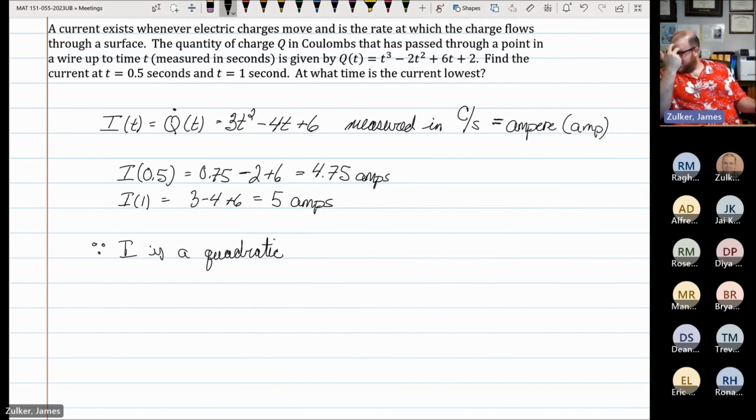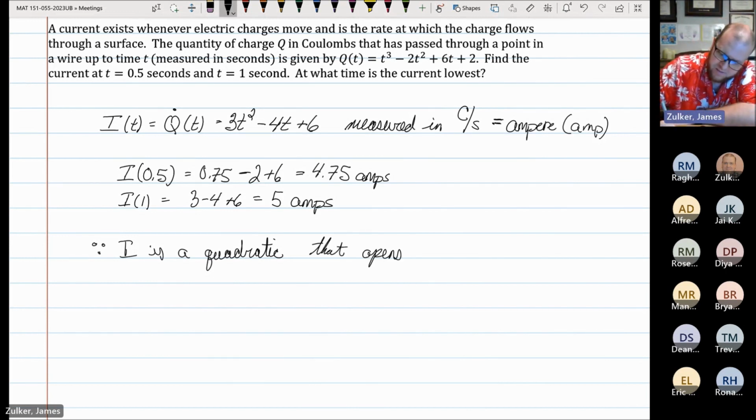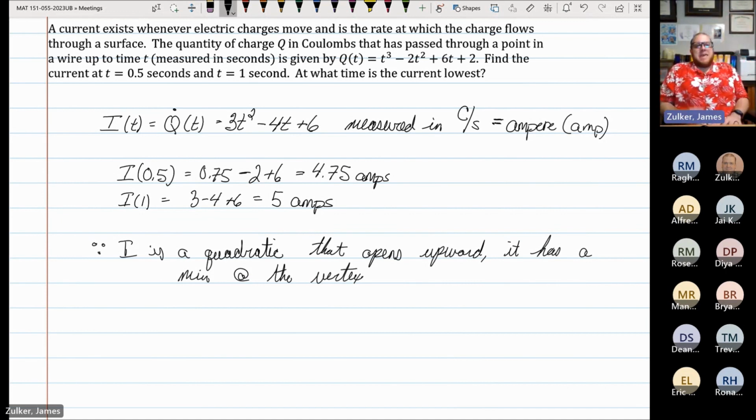Which tells us that this quadratic opens upward. So it's going to have a min at the vertex.